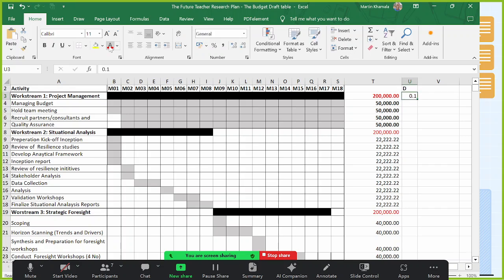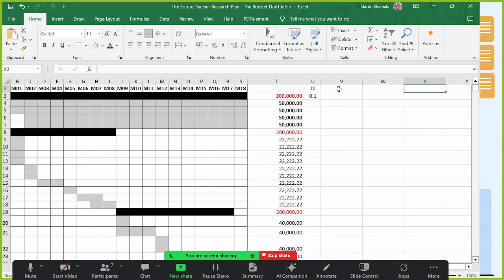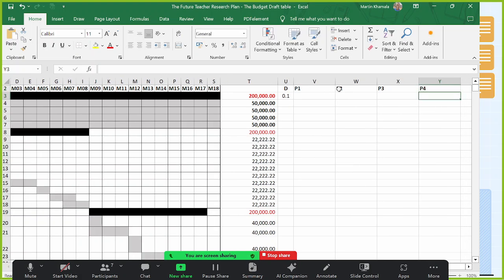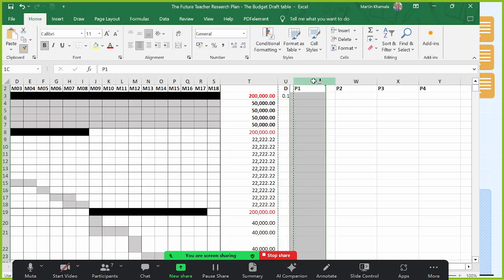You can put a column there for lead partner, partner 2. You say these are the days we have allocated for this activity, and we share the days. Then you do the budget. You add the days, then take the budget and say these are the total number of man or woman days, and therefore the budget for this partner comes to this much.